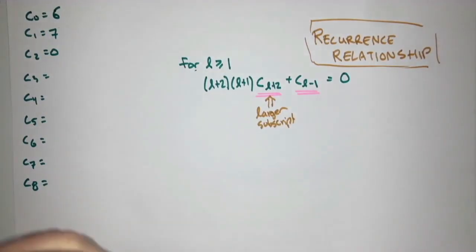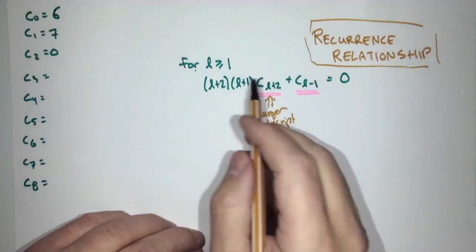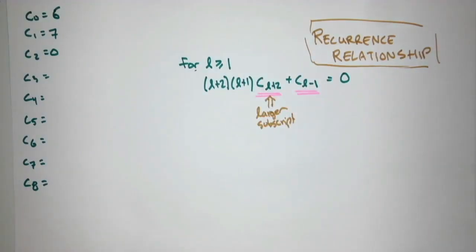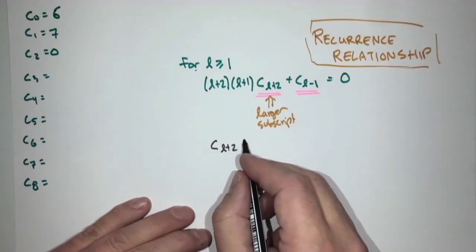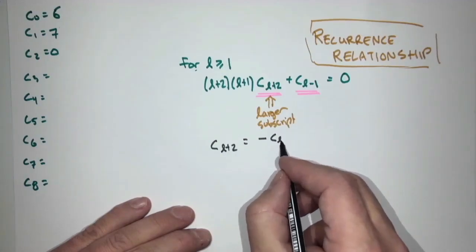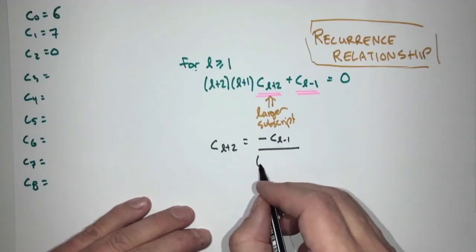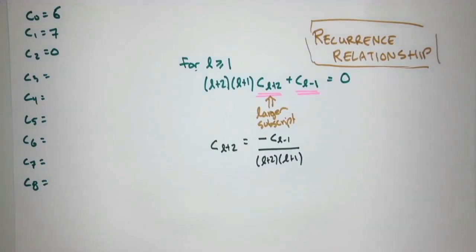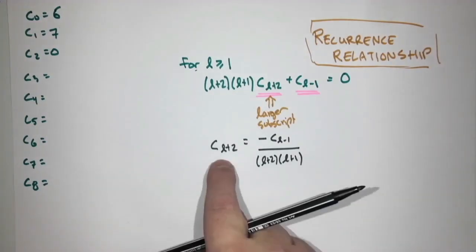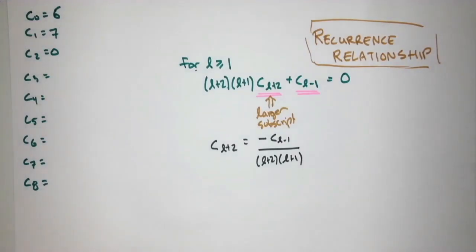So if we just rewrite, you would get the following, namely C sub L plus 2 is minus C sub L minus 1 divided by L plus 2 times L plus 1. The only other thing I would do here is I don't really like the L plus 2. So let's just change it.